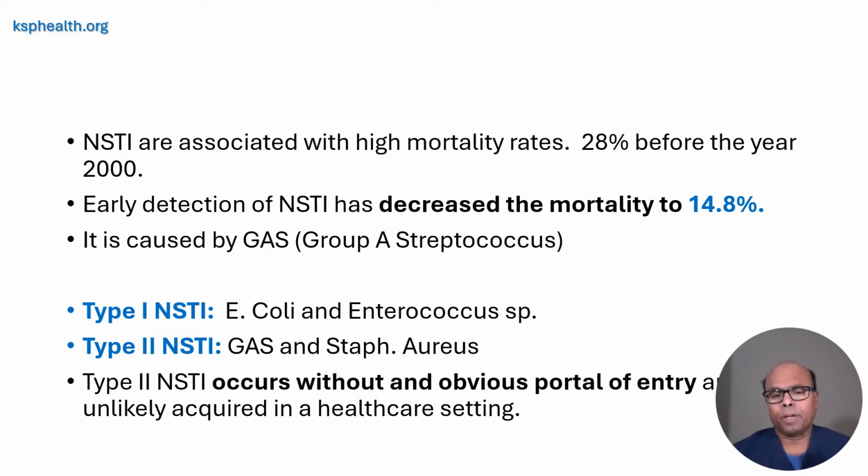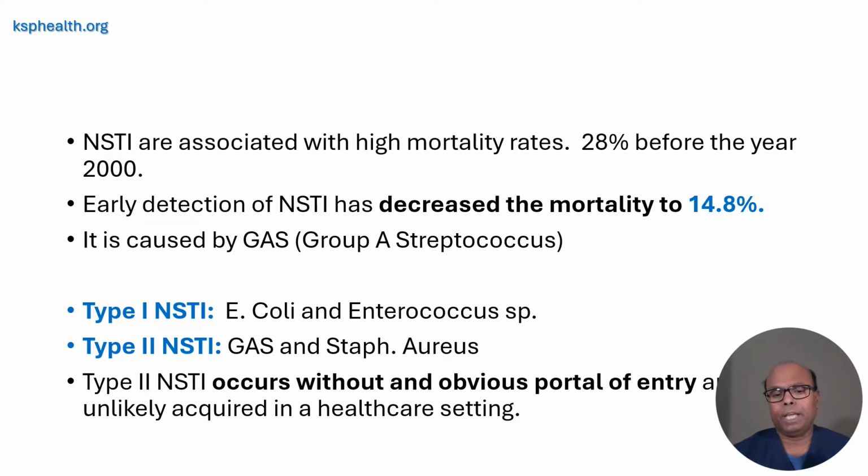Type 1 is often associated with polymicrobial infection, with organisms like E. coli and Enterococcus species. Type 2 NSTI is often caused by monomicrobial infection, usually gram-positive organisms like group A streptococcus or Staph aureus.